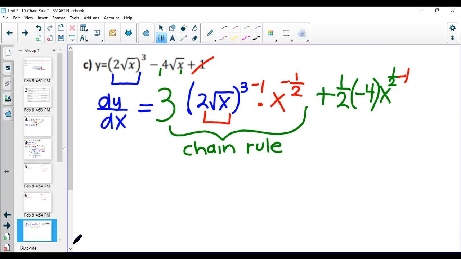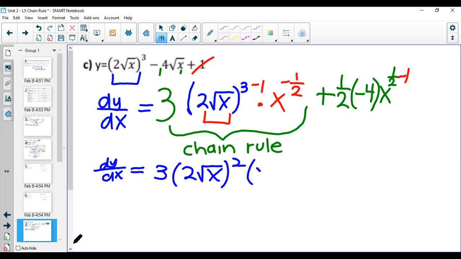Before I move on, I'm going to simplify a little bit. There we go. 2 root x, 3 minus 1 gives me 2 root x squared, multiplied by this x to the power of 1/2.